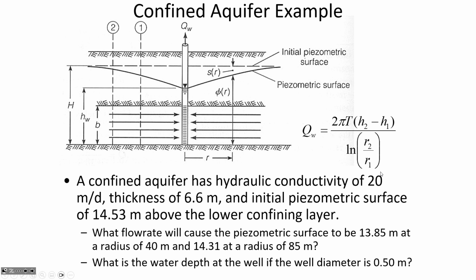So we can first of all calculate the transmissivity, because it is the 20 meters per day multiplied by the 6.6 thickness, and the transmissivity of this particular aquifer is 132 meters squared per day.